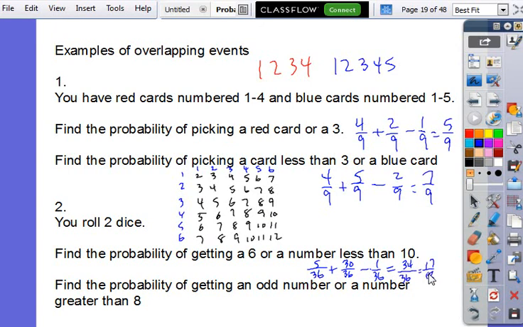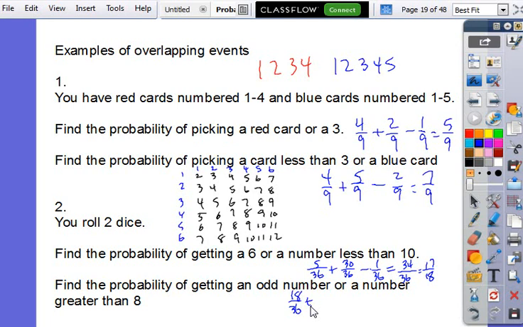Then I go to the last one down there, probability of getting an odd number. So how many are going to be odd up there? Half of them. So that's going to be my 18 out of 36. Plus a number greater than 8. How many numbers are up there greater than 8? 10.